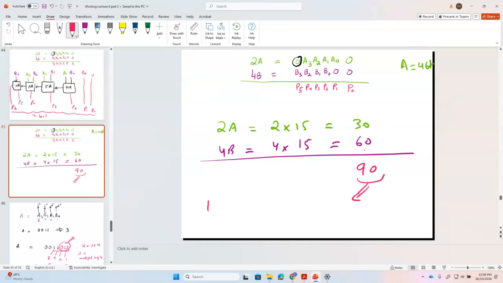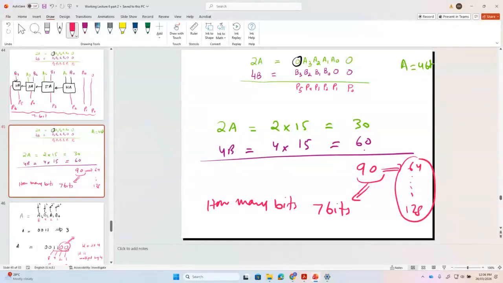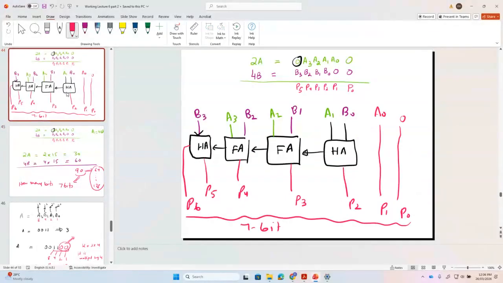And to represent 90, how many bits are required? 7 bits, because it lies between 64 and 128. That's the reason we require 7 bits. Any question? No, sir.